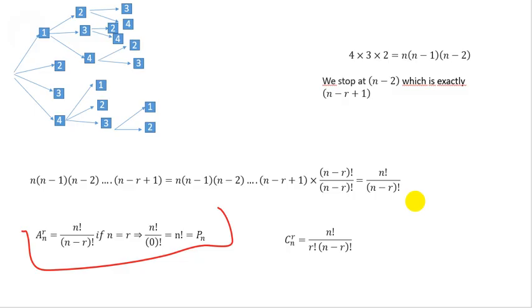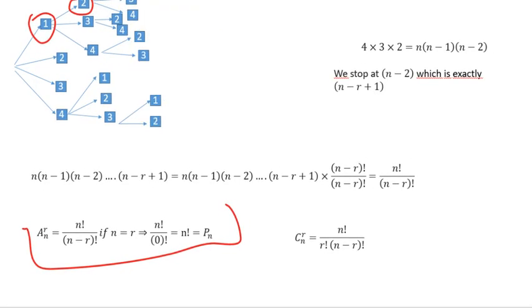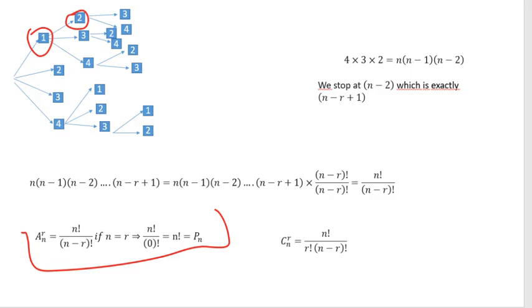It means here 1 and 2 and 3 is the same as 1 and 3 and 2, because if the order matters, that means 1, 2, 3 is different from 1, 3 and 2.